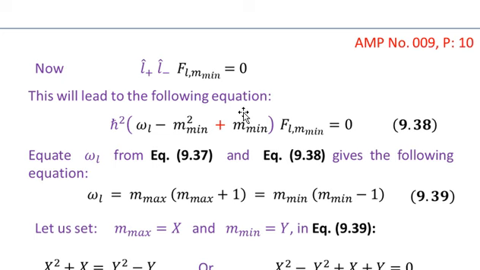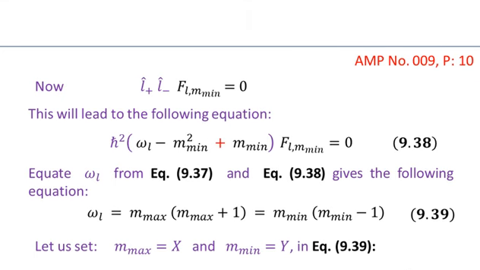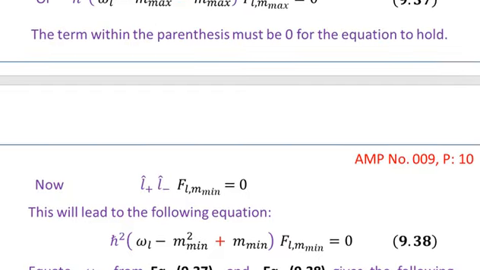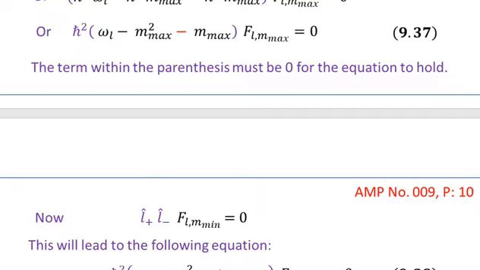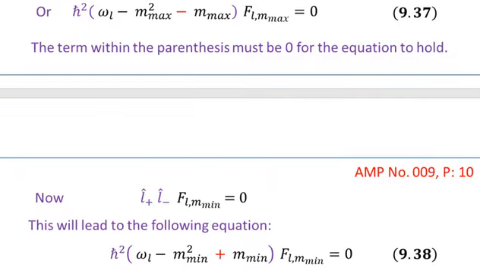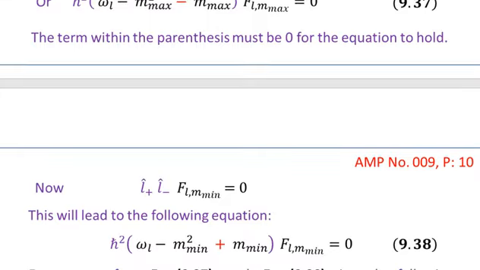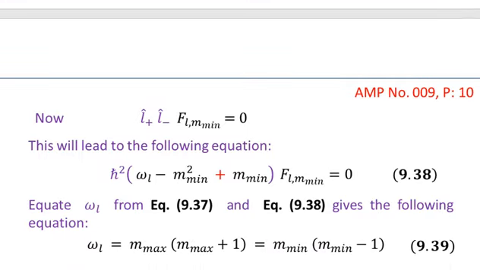This will lead to the following equation, similar to equation number 37. You can directly write equation number 38, and you can see that the positive sign has been shown in red in equation number 38, so that you can combine these two equations if you want.